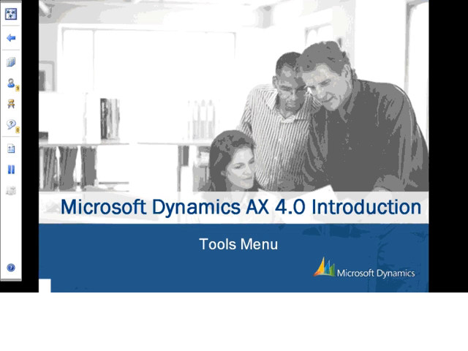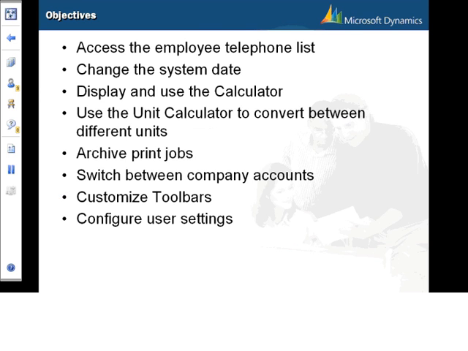In the Tools menu session, we accessed the employee telephone lists, changed the system date, displayed and used the calculator, used the unit calculator to convert between different units, archived print jobs, switched between company accounts, customized toolbars, and configured user settings.